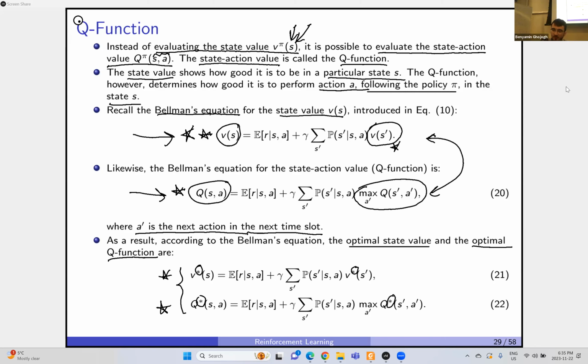Can you tell me why? Here I have replaced V with Q. Vs is replaced with Qs and A. But here, Vs prime has been replaced with maximum of Qs prime and A prime. Can you tell me why maximum with respect to A prime? Yes.